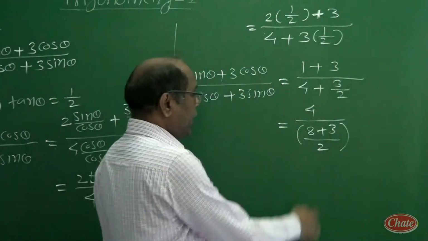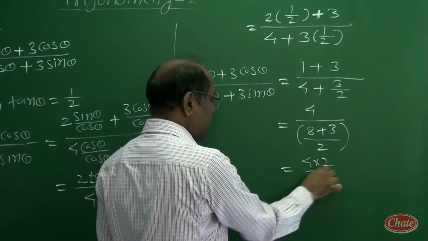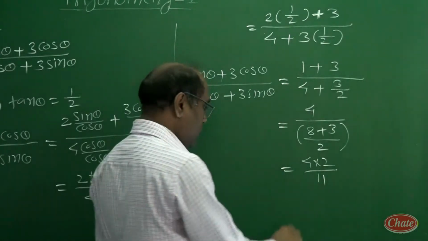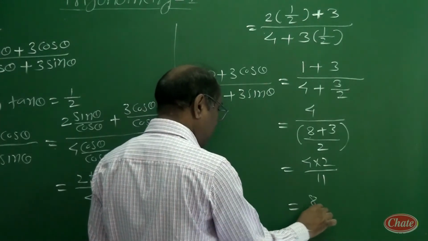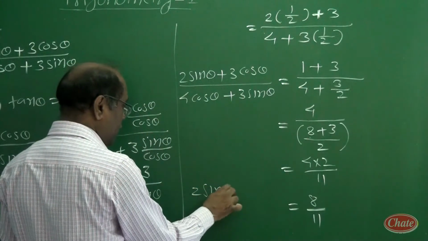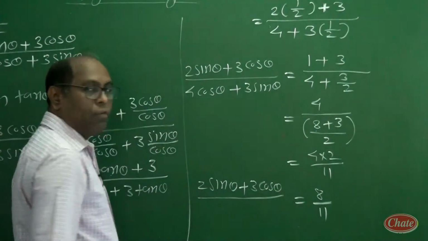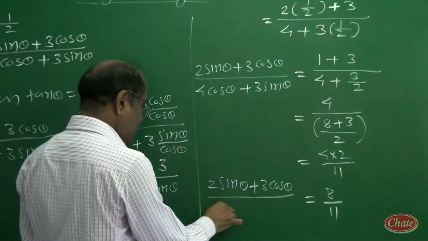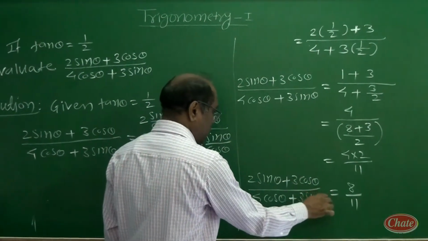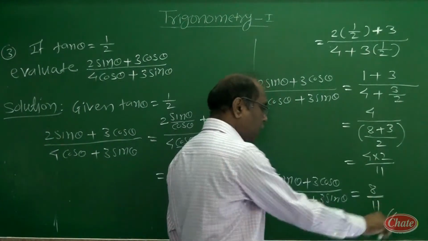The denominator of the denominator goes in the numerator, so we get 4 into 2 divided by 8 plus 3, that is 11, so that is equal to 8 upon 11. That is the required answer.